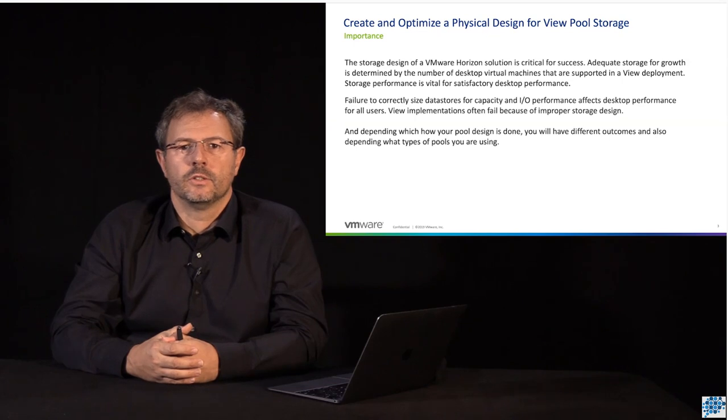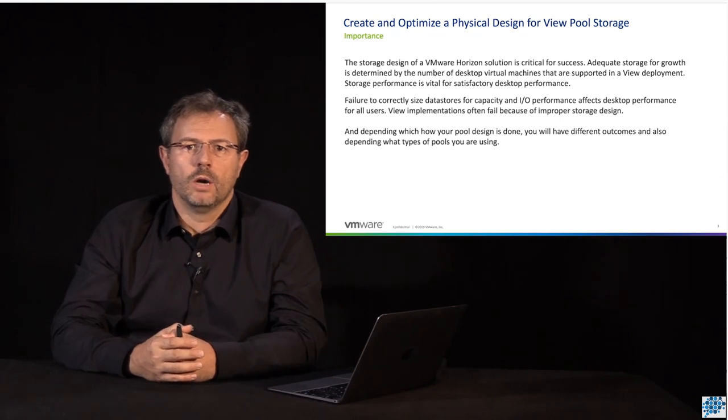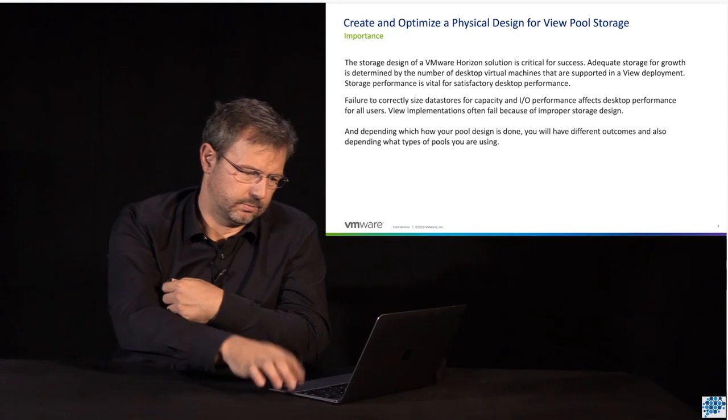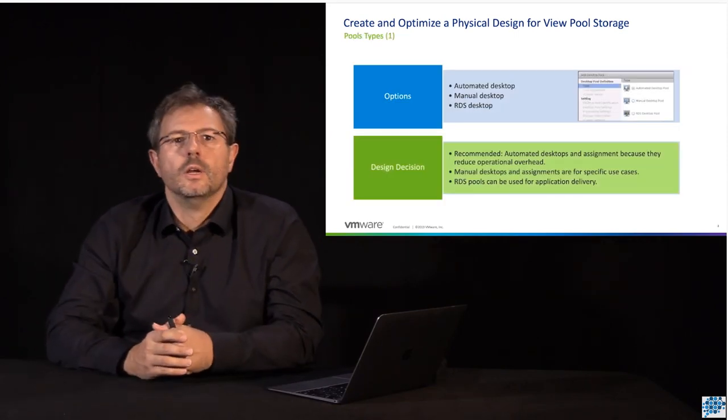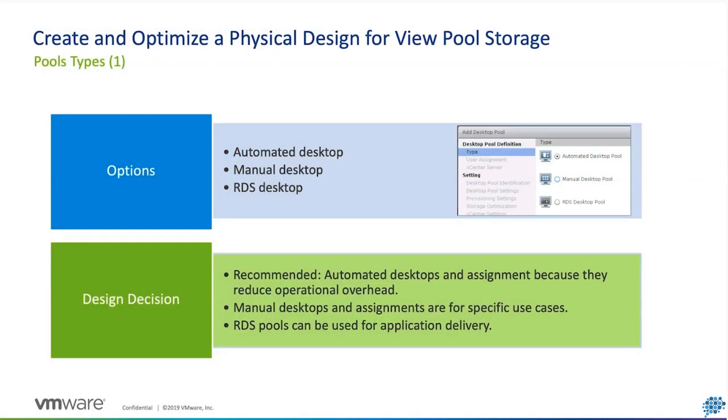So let's dive into the properties of desktop pools and how they relate to our storage key metrics. What do we have in different types of pools? The different types of pools are automated pools, manual pools, and remote desktop pools.